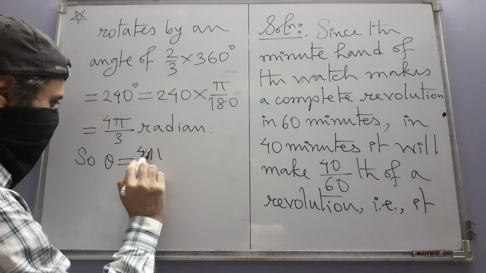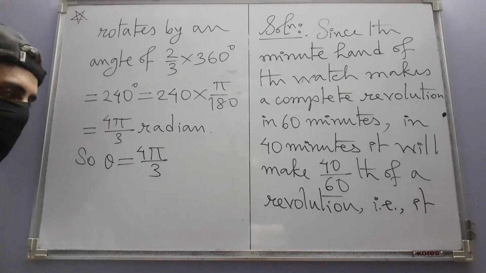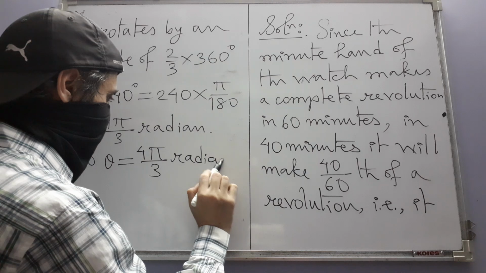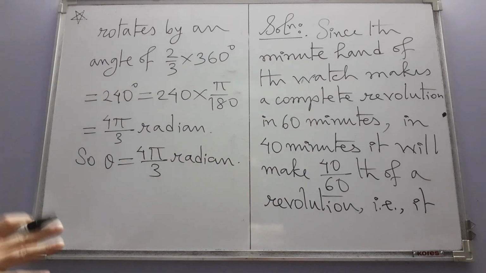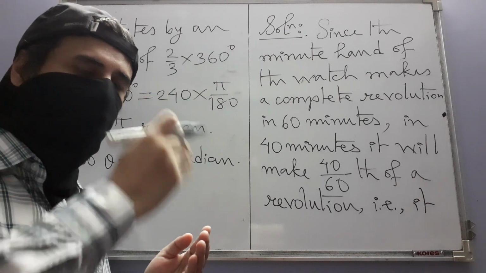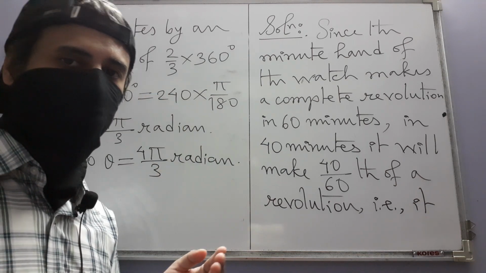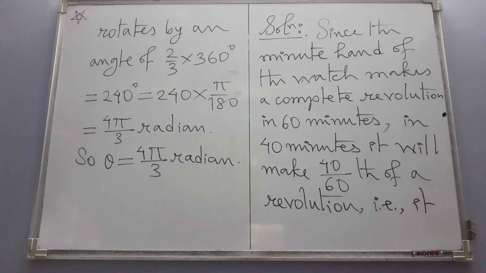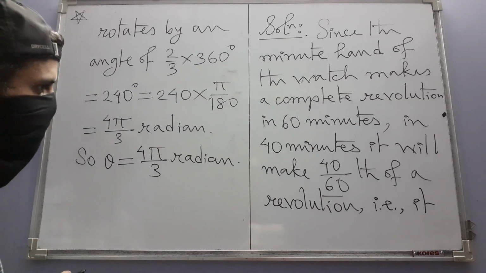And again, if you do not want to write the unit, you can simply write like this. I will, however, write the unit to emphasize the fact that whenever we use the relation theta is equal to s divided by r, theta is in radian. And what else is given to us?